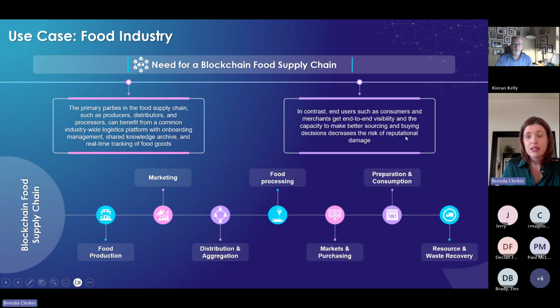It can help decrease the risk of reputational damage, absolutely, because you're able to stand over your product. If you're using blockchain, you're able to prove the journey that it's come on. You're able to prove its authenticity. And if you're saying that you're supplying fair trade coffee or whatever it happens to be, you have an ability to demonstrate that to your consumers very clearly through the blockchain mechanism.